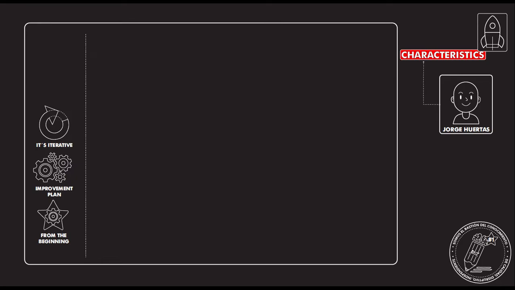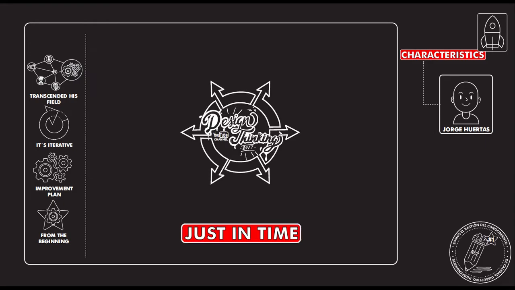It means that you can make some adjustments at the beginning, evaluate results, and then keep moving forward, improving this development. It's also very important to understand that this is bigger than just production. It transcends its field, so you can use it if you want to improve any kind of development in your field or in your way to create developments.